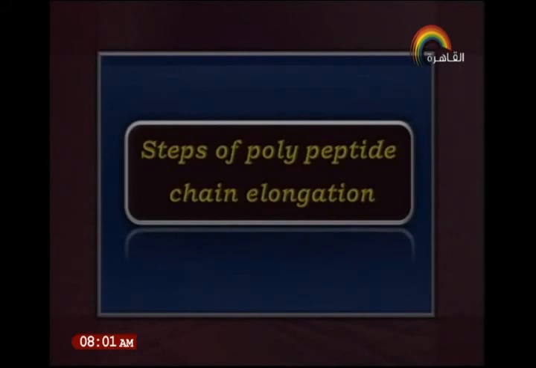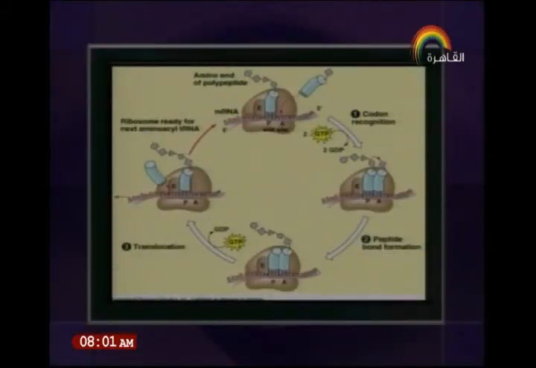So, we are going to know the steps of polypeptide chain elongation. This structure illustrates the elongation of the polypeptide chain. Number 1, codon recognition. Number 2, this is the step of peptide bond formation. And then translocation.